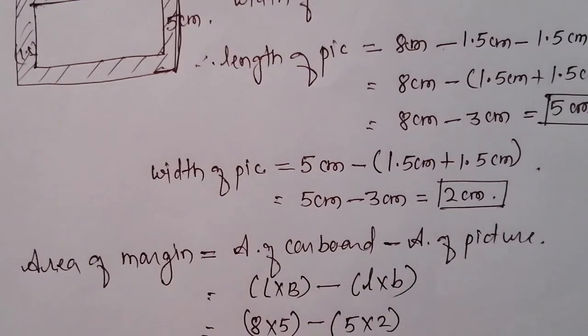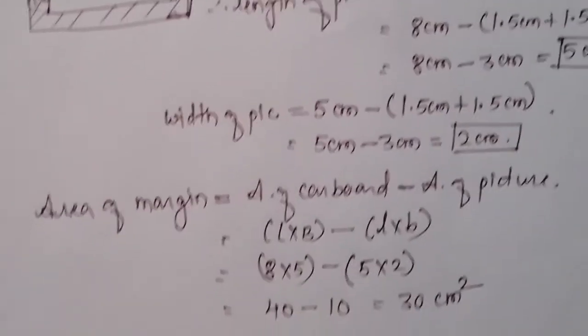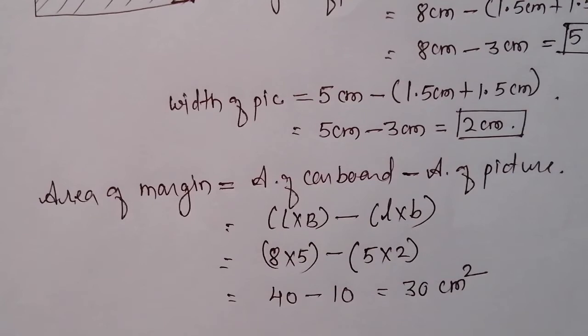That means 40 minus 10 is equal to 30 centimeter square. This is the area of the margin. Thus the area of the margin is 30 centimeter square.